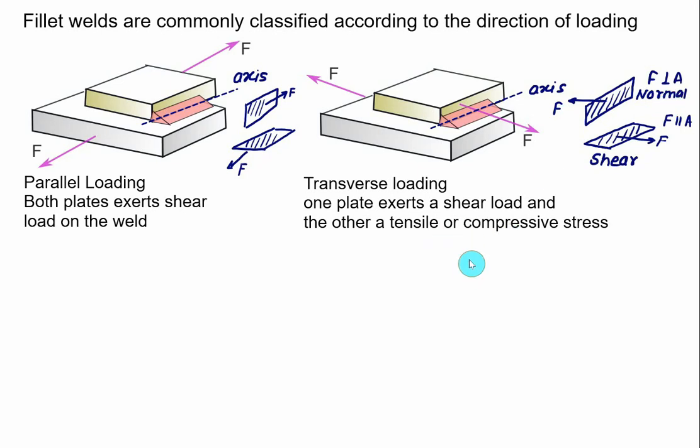So this situation is more complicated as compared to parallel loading. For analysis, we'll consider transverse loading, in which the direction of force is perpendicular to the axis of the weld. We'll calculate both the shear stress and the normal stress, and compare which one is higher and which one is lower.